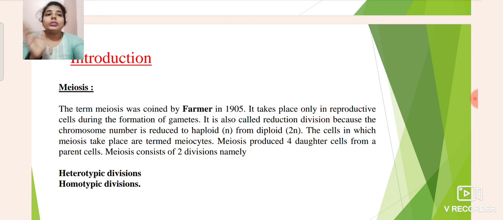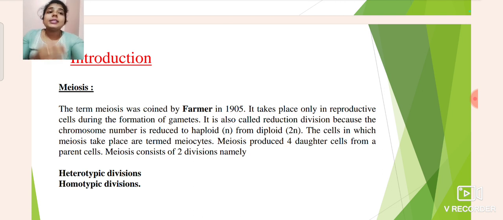Diploid is represented by 2n, and haploid is represented by n. That is the only reason meiosis is called reductional division.